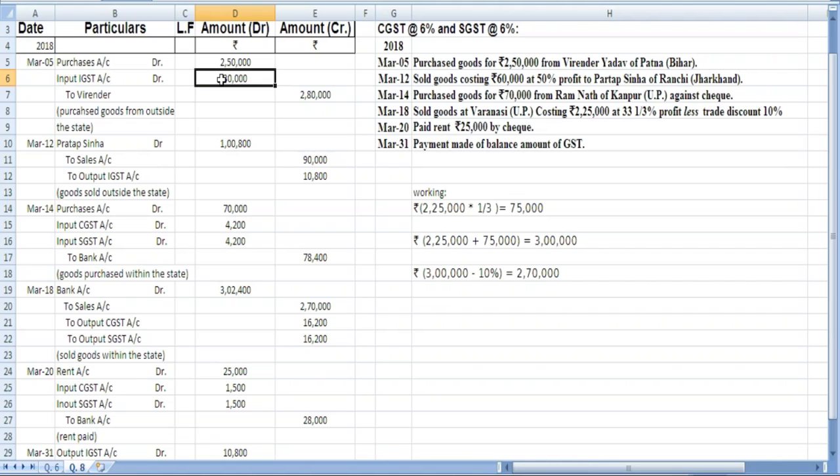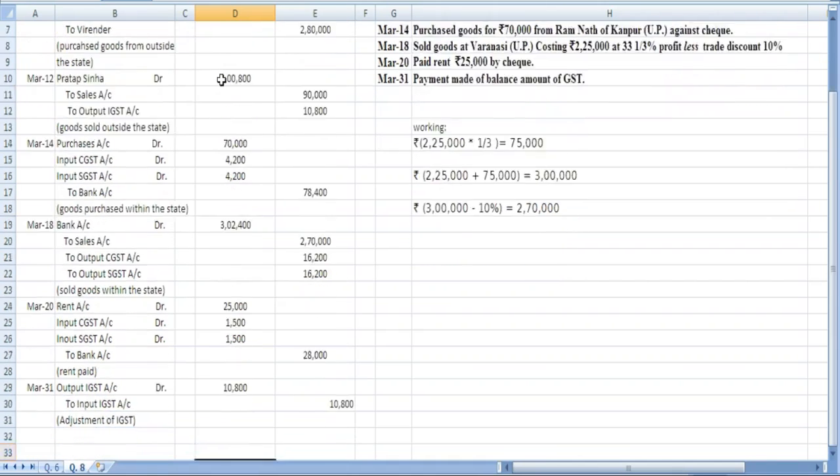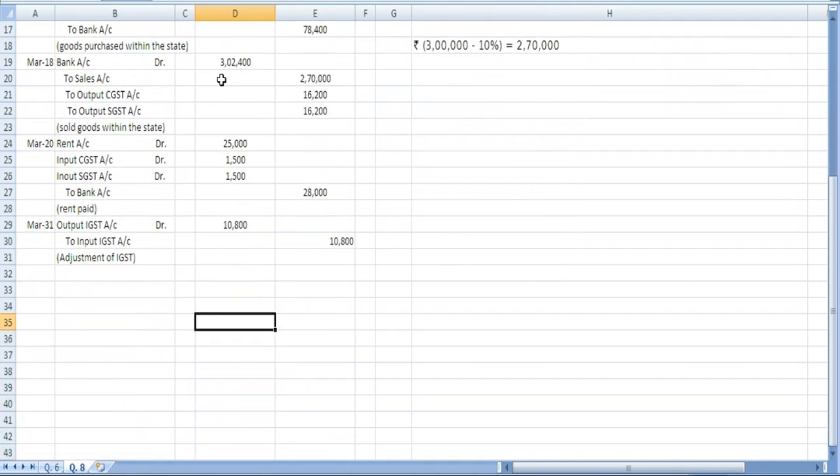Okay, but what we will do here, first we will adjust our output IGST with input CGST. So we have adjusted, but when we minus 30,000 minus 10,800, that is coming to 19,200, which is not there in output CGST.